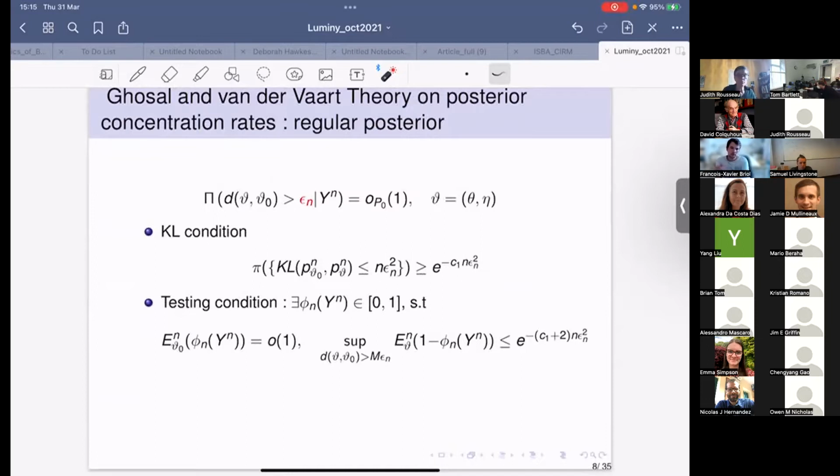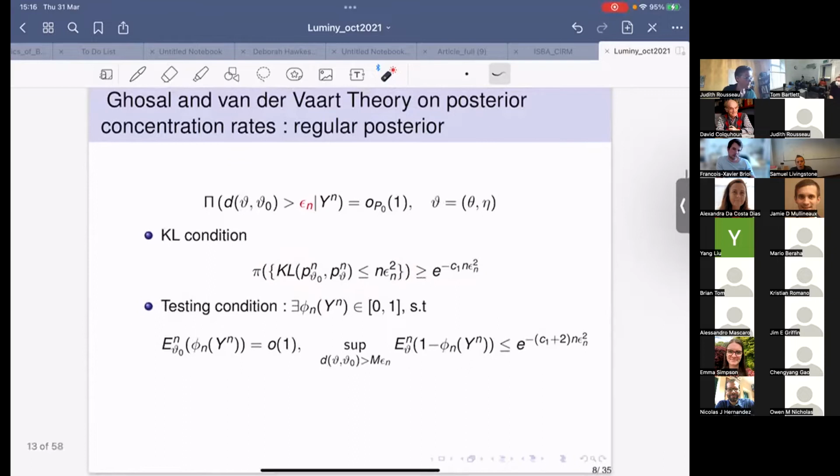Essentially, it says that the prior mass of Kullback-Leibler neighborhoods of your truth is large enough. So you look at Kullback-Leibler neighborhoods of size epsilon n squared, and they need to have at least exponentially small prior mass.